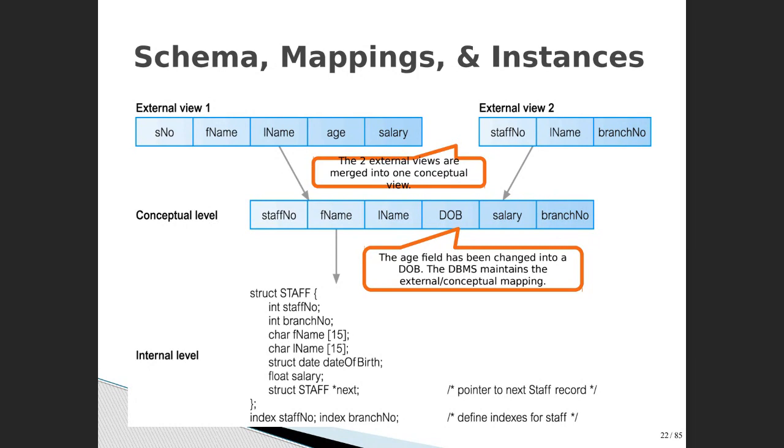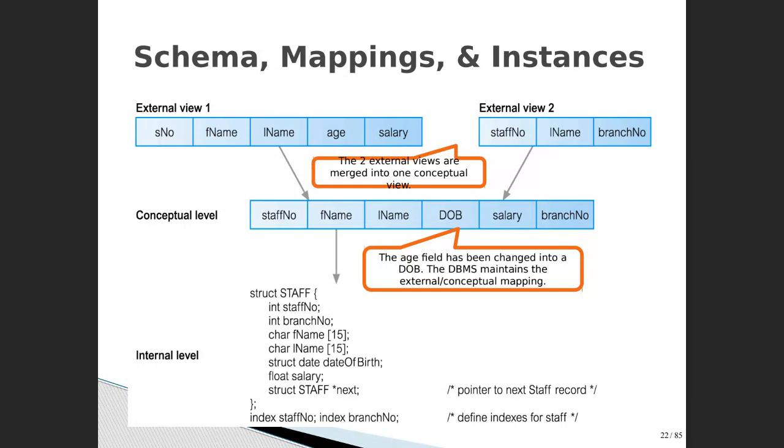For example, the first one has serial number, first name, last name, age, and salary, right? So how many attributes for external view number one? These are 5, right? For external view number 2, we have 3, including staff number, last name, and branch number. So these are 2 external views.